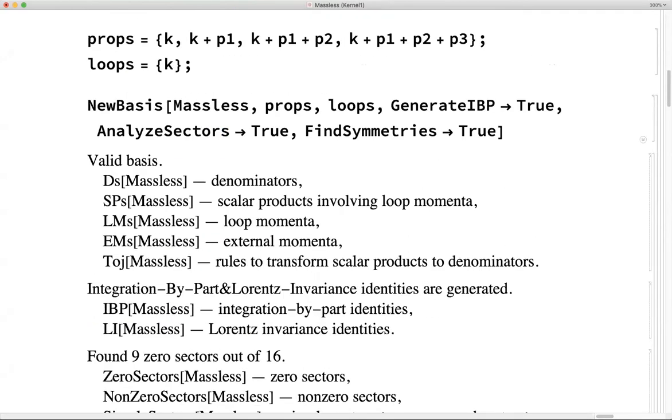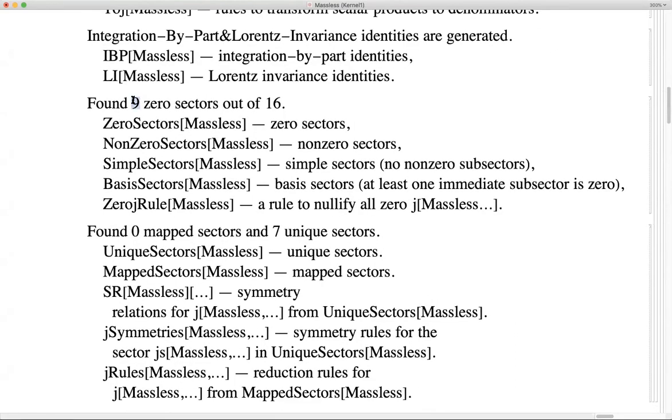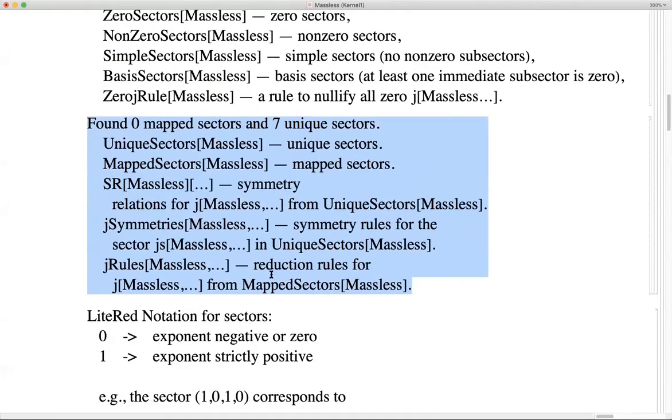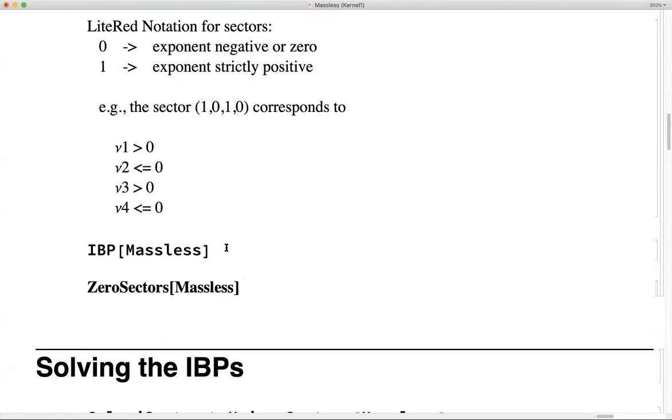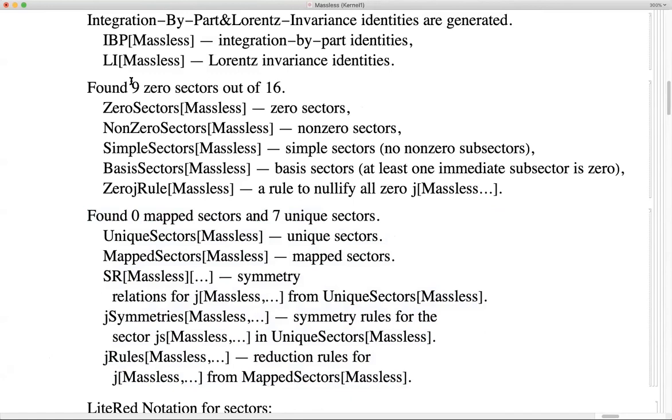Now it runs. Perfect. So this is the output. It just says found 9 zero sectors. For example, it shows you here, you have to read the manual, what the outputs are that you can access now.